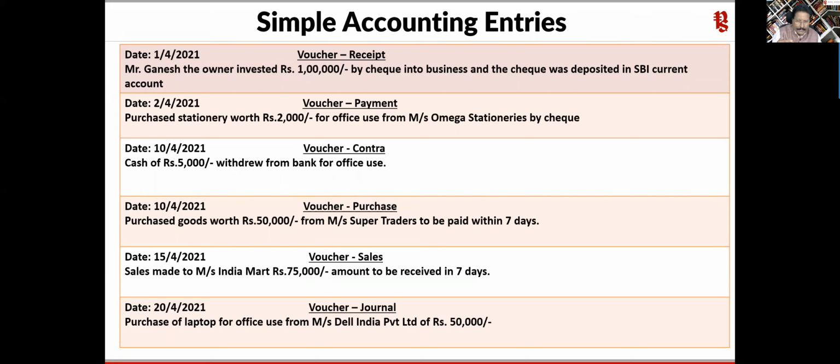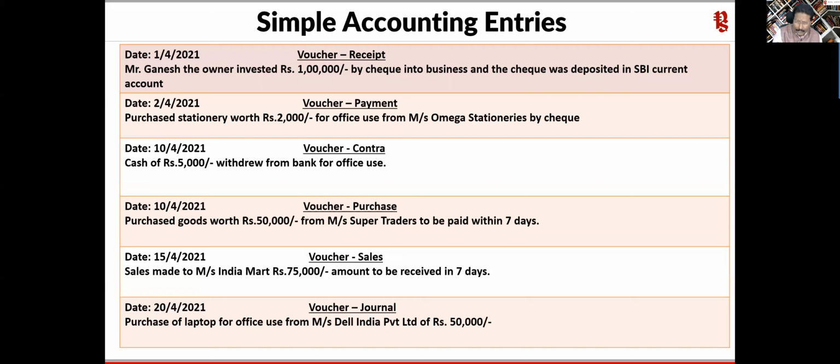right? And I had mentioned that if there is a separate voucher type for each of them, then what is the need for a journal voucher? So I had explained that you use the journal voucher for two types of transaction. Number one is adjustment transactions, in case of any wrong entries that have been captured as a primary transaction.